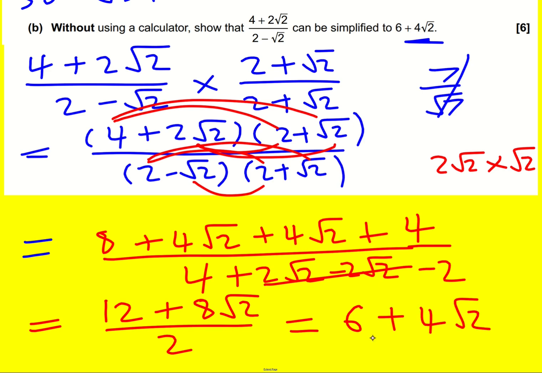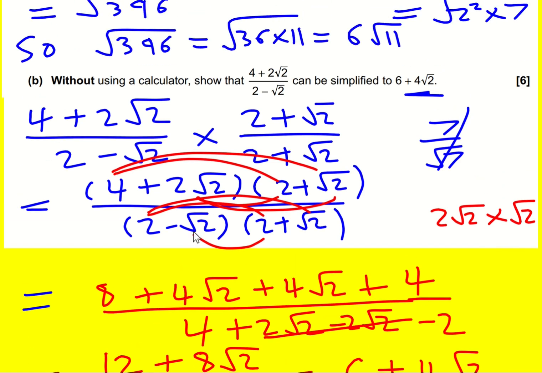Quite a lot going on here, and this is the last question in the paper. I hope I haven't made too many assumptions as I've gone along. You need to know this little trick to rationalize the denominator.